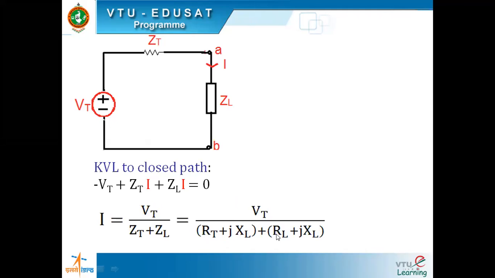We have RT and RL as real terms, and JXL and JXT, sorry, this is supposed to be JXT. Understand that this is JXT. Now, RT plus JXT, RL plus JXL, we have to separate the real term and the imaginary terms. Let's do that.